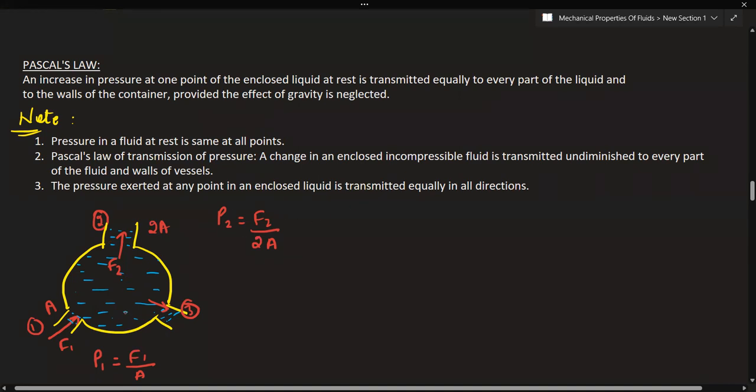So this pressure would be equal to this pressure. P2 would be equal to P1. This is your Pascal's law.